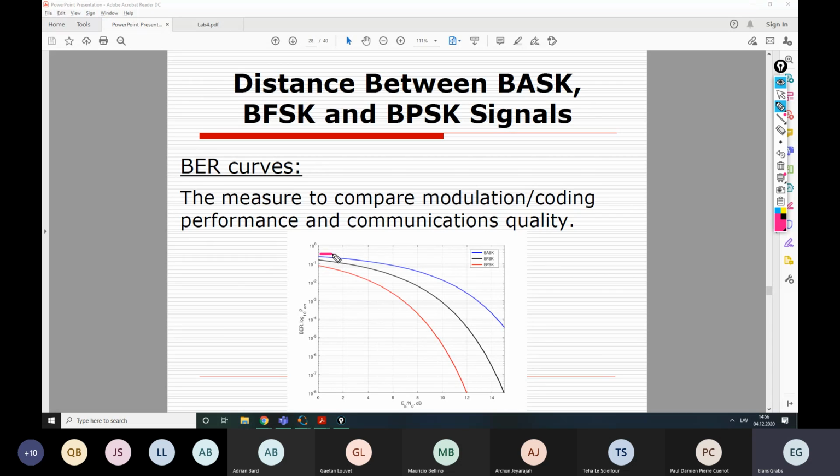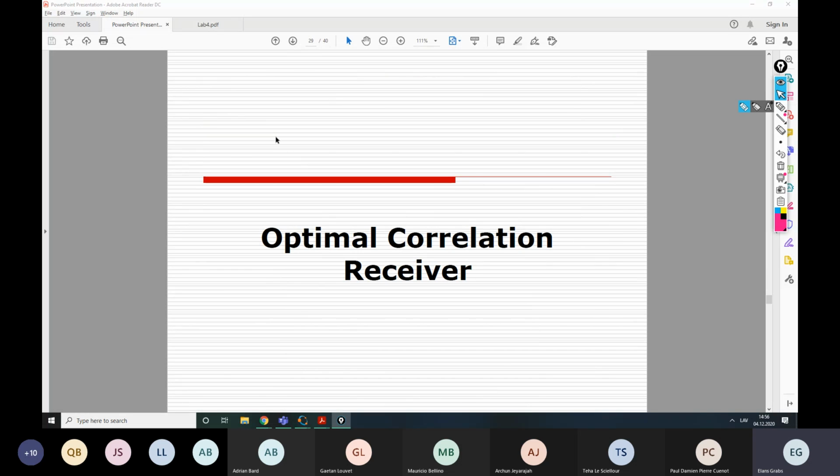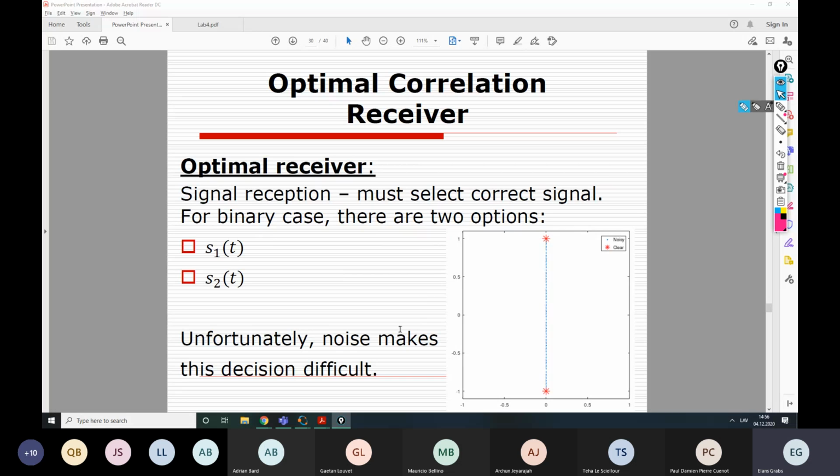For example, for amplitude shift keying, we can always make the receiver that would work like this, but it's worse, right? So in order to get this result, theoretical result, we need to make the optimal receiver. That's the only way to achieve those results, right? So let us talk how this optimal correlation receiver works and how we can create it.